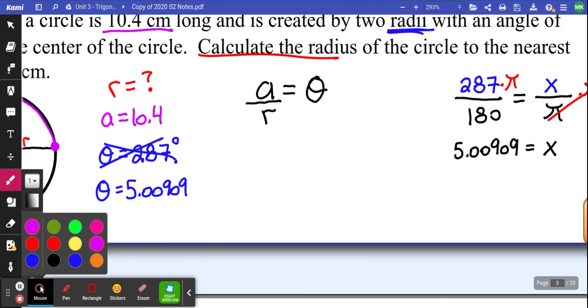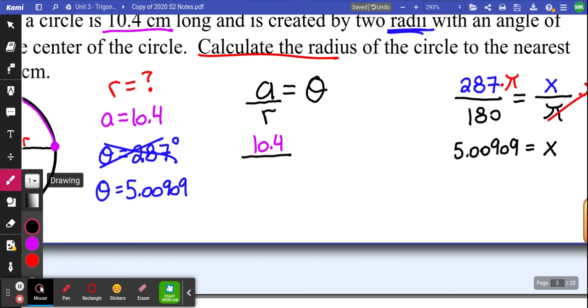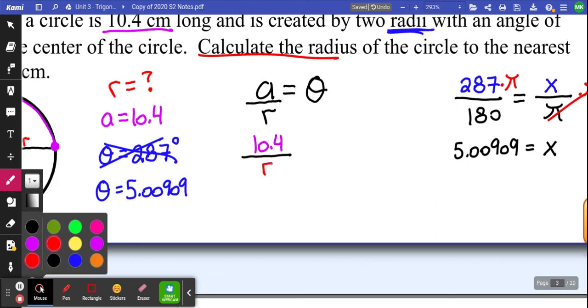So I got 10.4 divided by r, which we don't know, equals 5.00909.